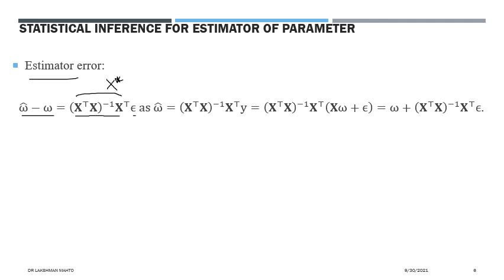Why are we calling it pseudo inverse? You might have already seen that in the linear model we come across this kind of linear system, x times omega, if you forget about the error term. If you forget about the error term, this linear system is inconsistent because y is actually not equal to x times omega, and there is some error involved.